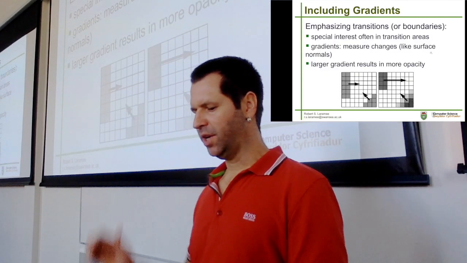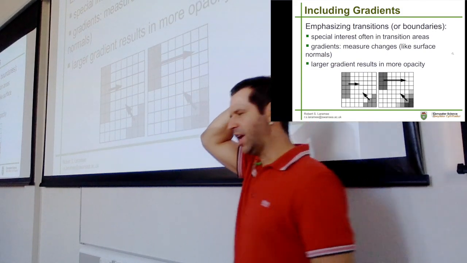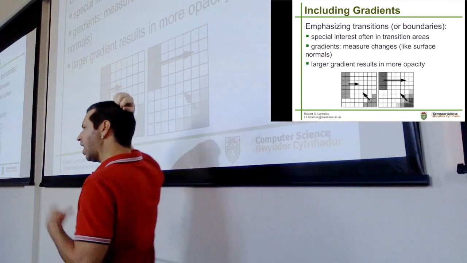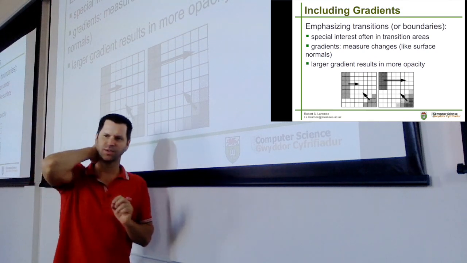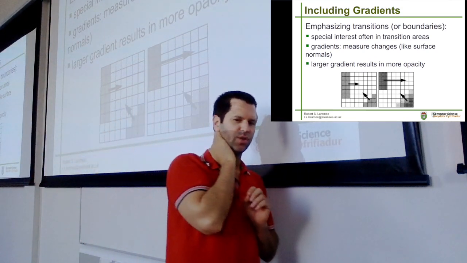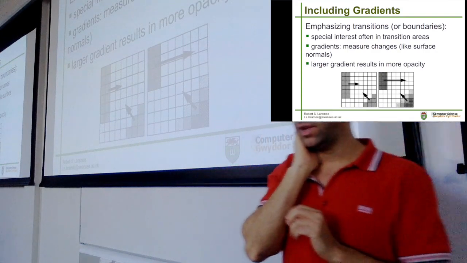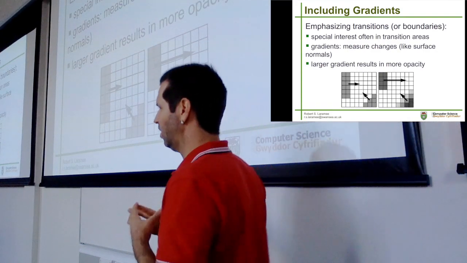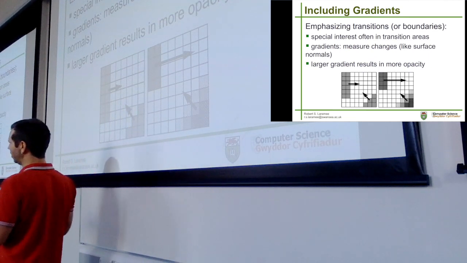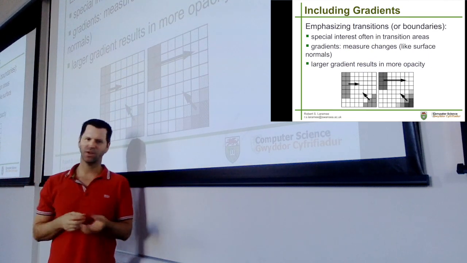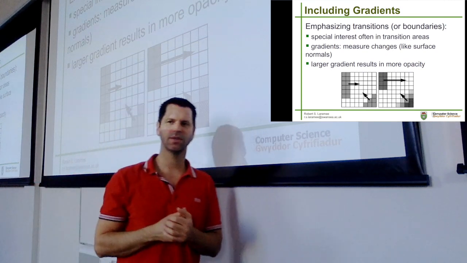And why are gradients interesting? Because they emphasize transitions. High gradients correspond to high transitions. That is very important, because areas of data with sharp or high transitions are the most interesting areas because they correspond to boundaries.